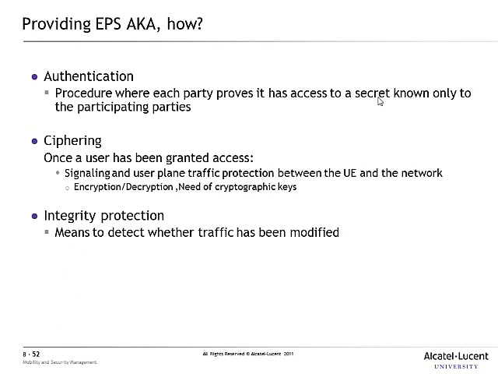So the three main procedures that are used in mobile networks and other network and data networks as well are authentication, ciphering, integrity protection. Okay, and there's also something called authorization, which is not given here.